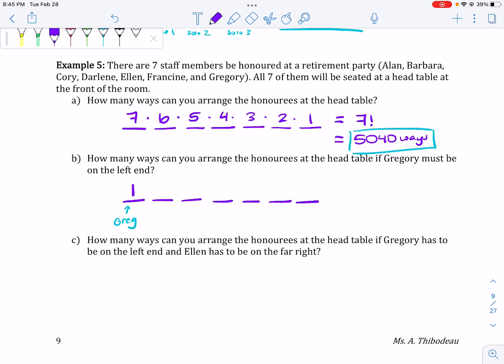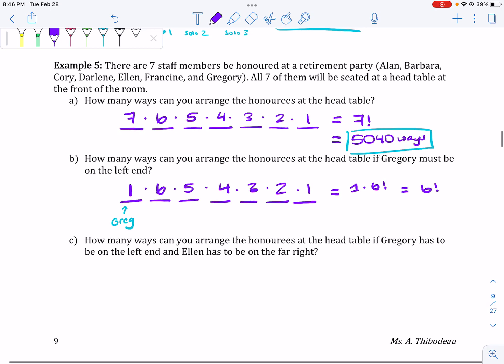So in spot number 2, we still have 6 people left to choose from, then 5, then 4, then 3, then 2, then 1. So by Greg having to have a specific location to sit, we're left with 1 times 6 factorial, which is really just 6 factorial.